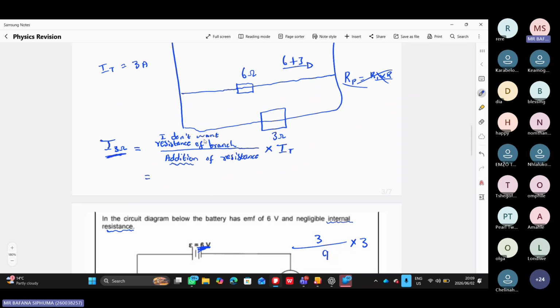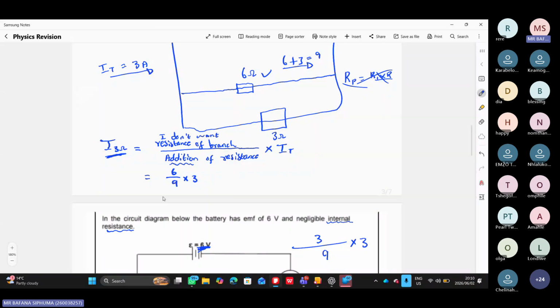So which one is the branch that I don't want? The 6 ohm. So I'm going to say 6 divided by what? The addition of the resistance, which is 6 plus 3, and it gives me 9. And then I divide by 9 and multiply by IT, which is my total current, and then multiply by 3.